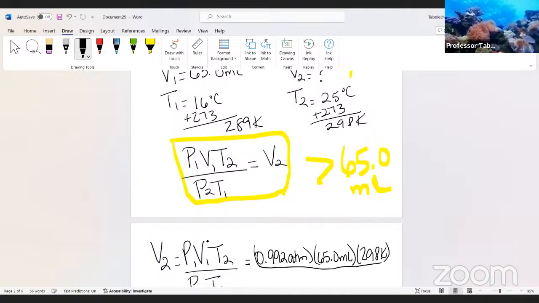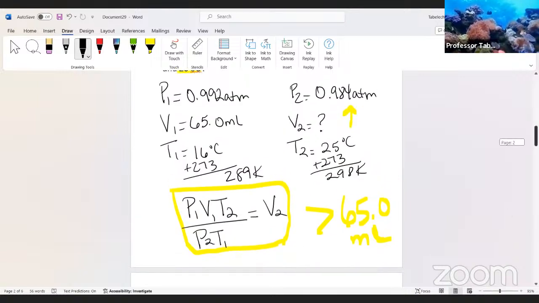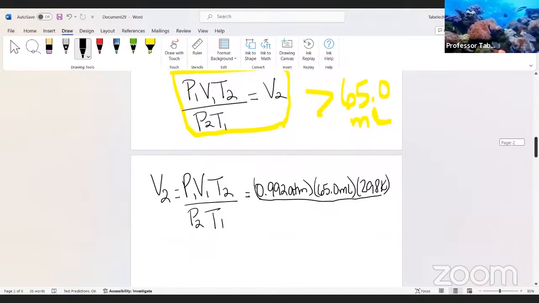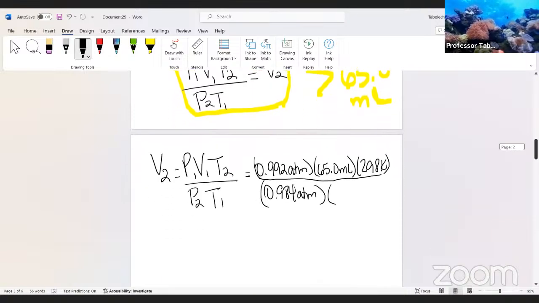Divide that by P2. So the second pressure reading was 0.984 times my T1, which was 289 Kelvin.